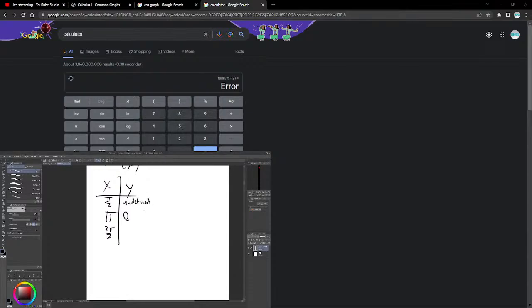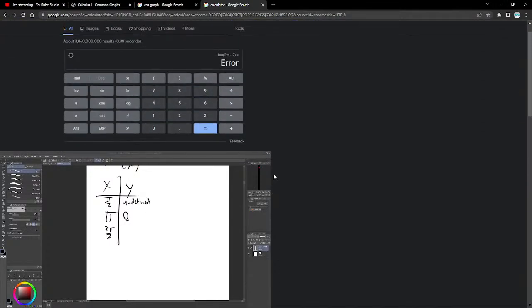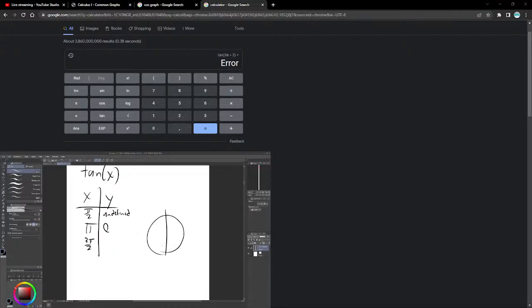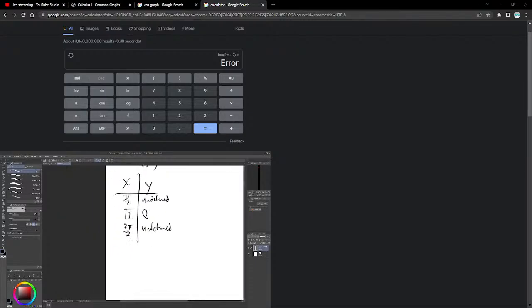Wait, it's also undefined. Oh wait, yeah, I forgot 3 pi over 2 is this point at the bottom. I was thinking of pi. Never mind. Undefined. And then 2 pi. This should be 0.